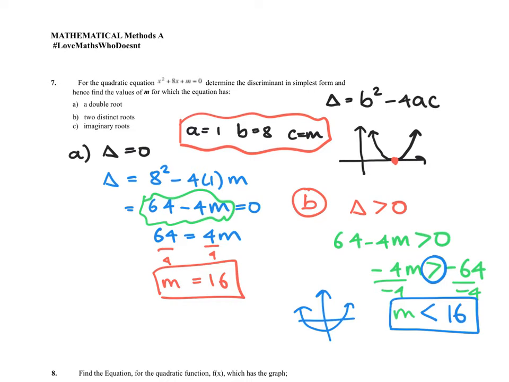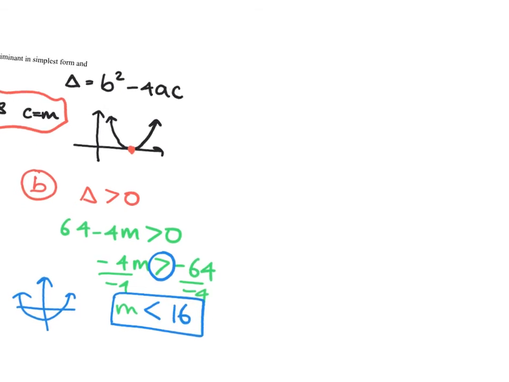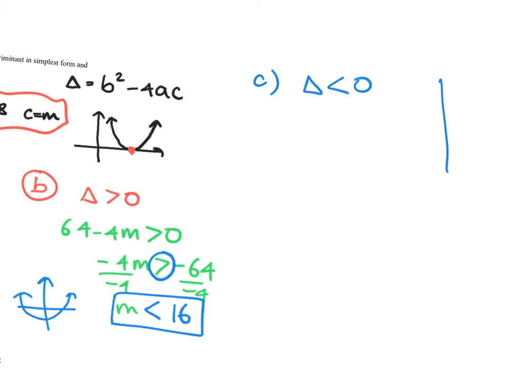Now part C, imaginary roots. The discriminant needs to be less than 0. So imaginary roots means no real solutions, like a graph hanging somewhere in the air. We do have the discriminant already calculated, so it's less than 0.